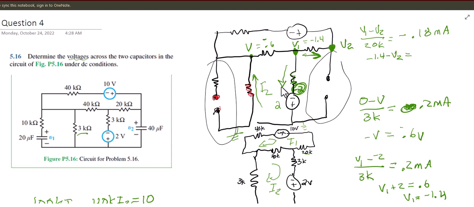Of course, I'm doing this different than my notes, which is dangerous. 3.6, so negative 3.6 volts, or V2 equals negative 2.2.